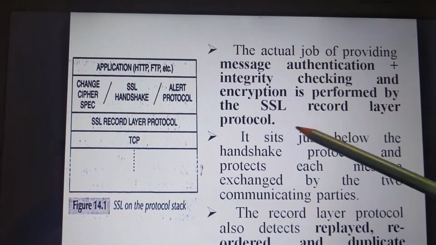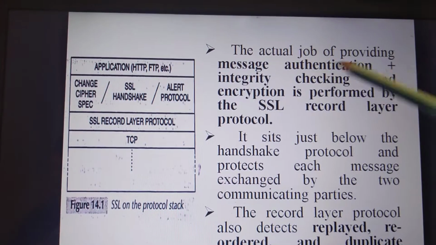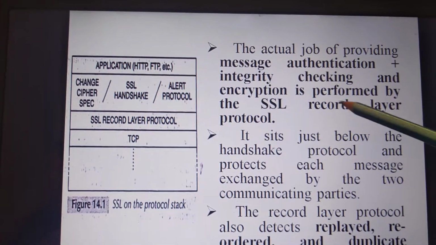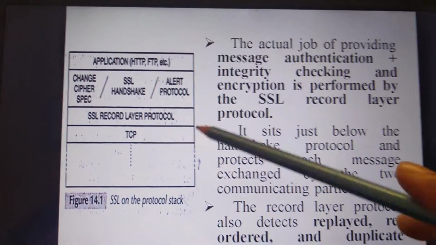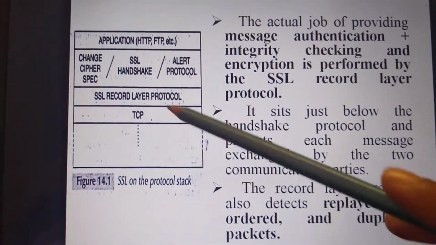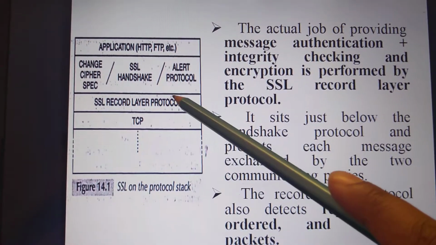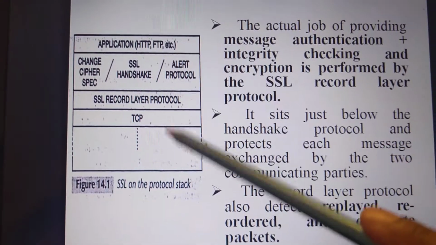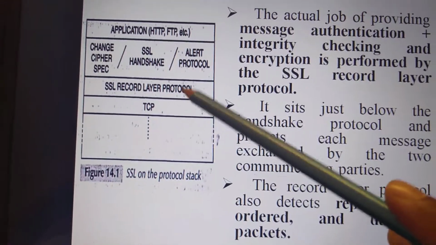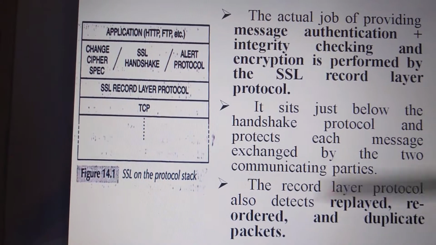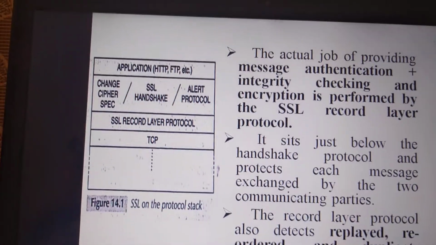The actual job of providing message authentication, integrity checking and encryption is performed by the SSL record layer protocol. It sits just below the handshake protocol and protects each message exchanged by the two communicating parties. The record layer protocol also detects replayed, reordered and duplicate packets.